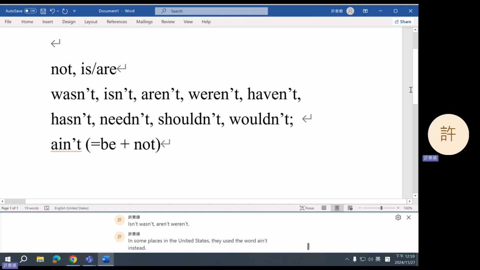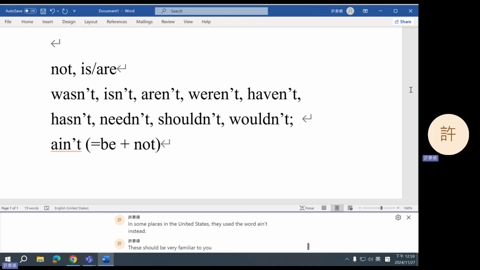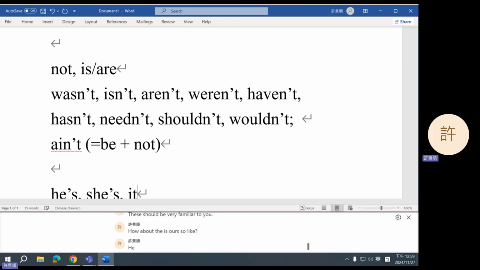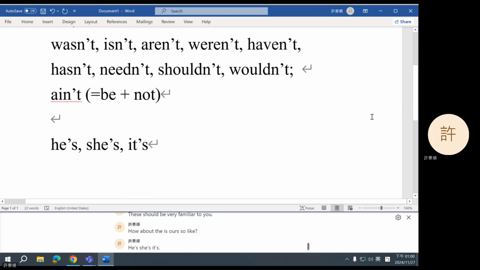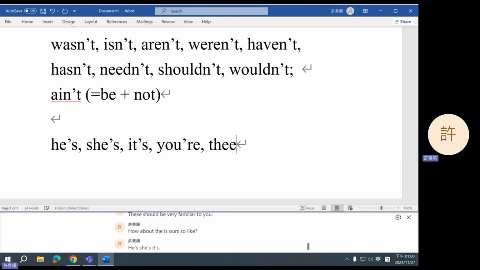Now, these should be very familiar to you. How about the is ours? So like he's, she's, it's, you're, there's.